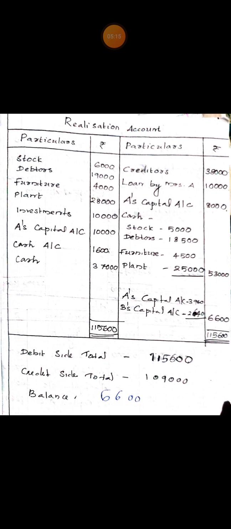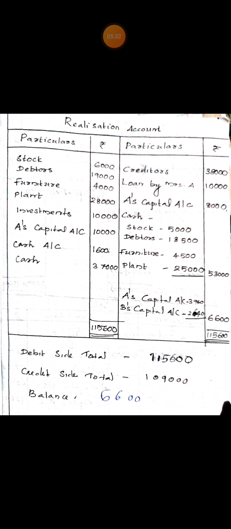Realization of investment, it is taken over by A. So, realization account, credit side, third item: A's capital account, rupees 8,000. That is the investment taken over by A.